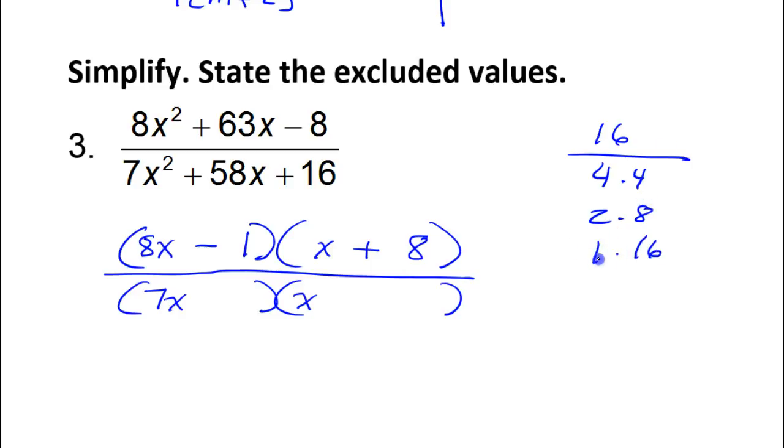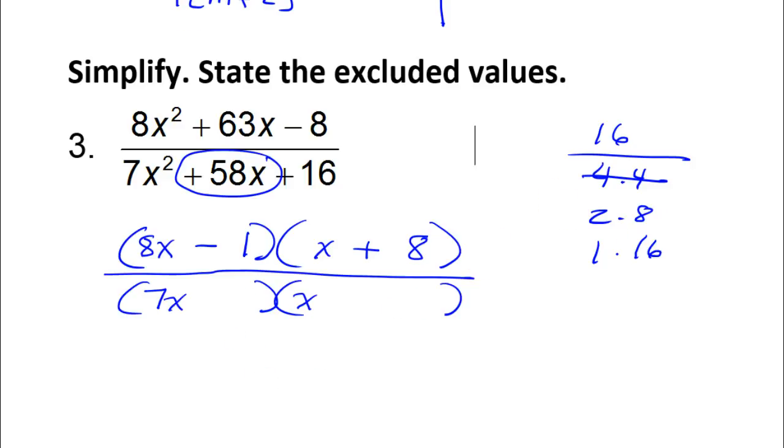So I just need to play around with that. Let's try 4 times 4. Inner plus outer equals middle. Inner, I have 4x. Outer, I have 28x. I'm trying to get 58. This is not going to make 58, so 4 times 4 didn't work.